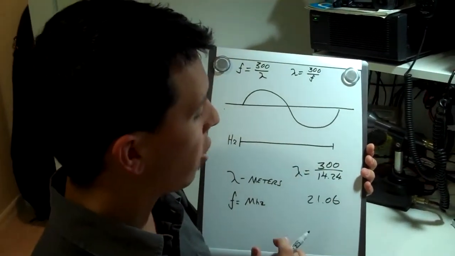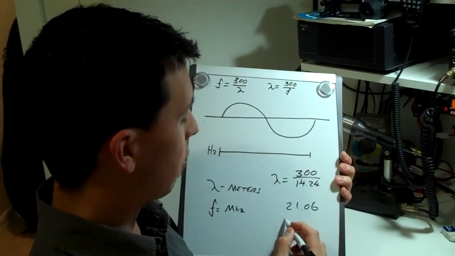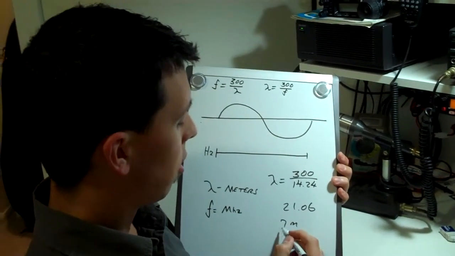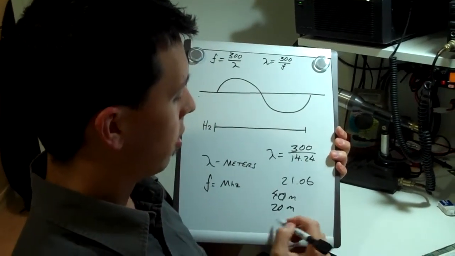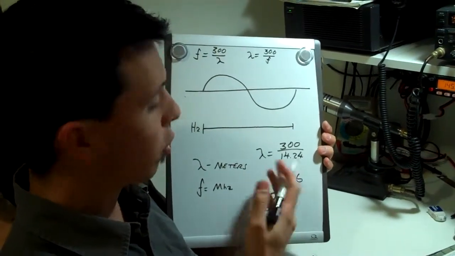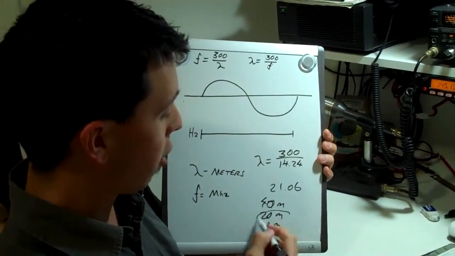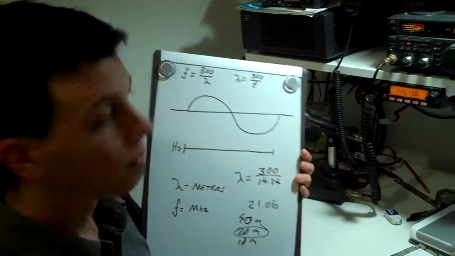So if this were one of the test questions, let's say you would have 40 meters, 20 meters, 10 meters. Out of those three options, which one do you think it is? Well, the closest one is 20. That's right. That is on the 20 meter band.